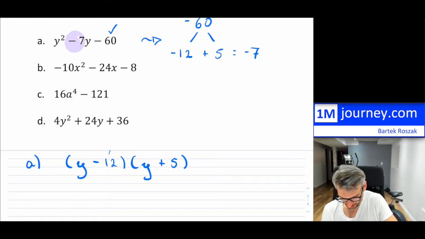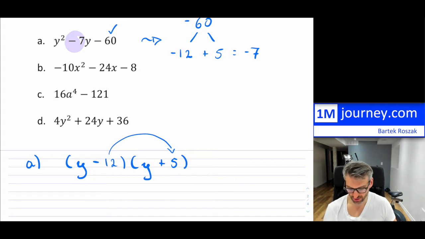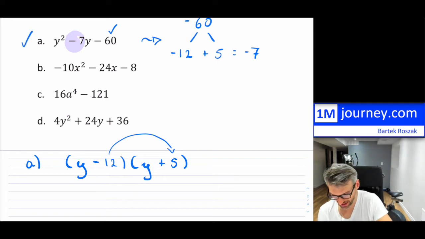These 2 numbers, when they multiply, have to give you -60, which they do. And when you add -12 and the 5, they're supposed to give you -7 back, to get that b that you see right there. So that one was not bad.